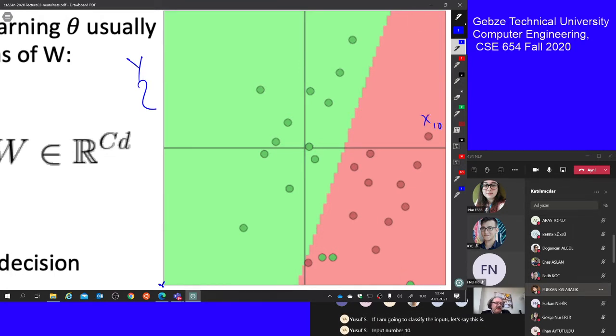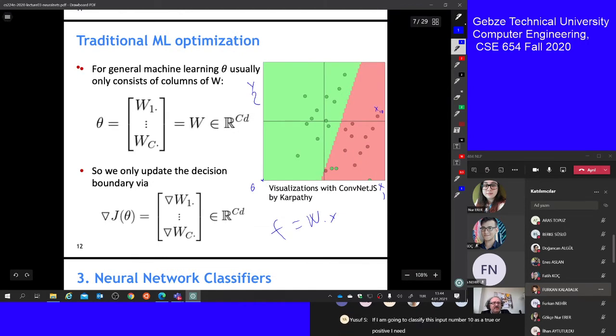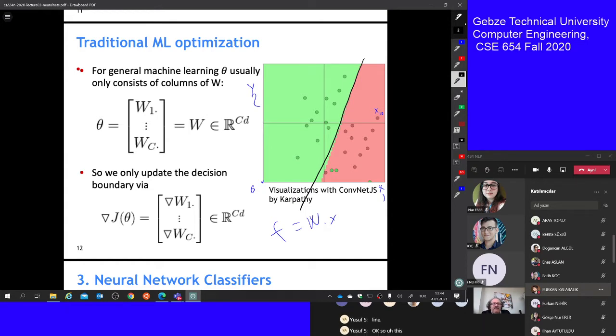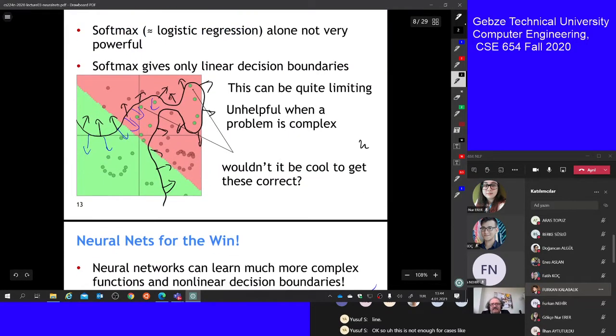If I am going to classify this input number 10 as true or positive, I need to put it somewhere on this plane, but this classifier can only classify this plane as a linear model. It would only say that, okay, I can draw this line, maybe some other line. Okay, I cannot do anything else. It has to be some kind of a line.